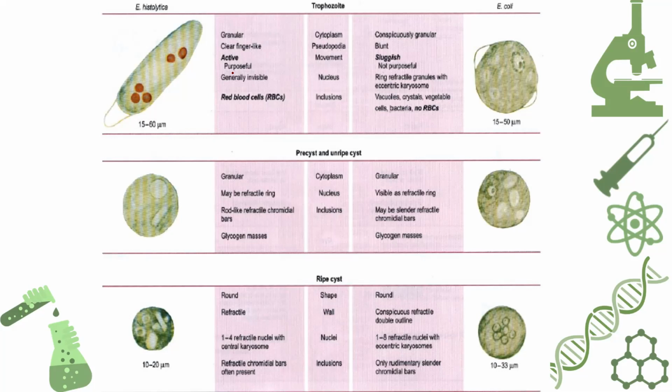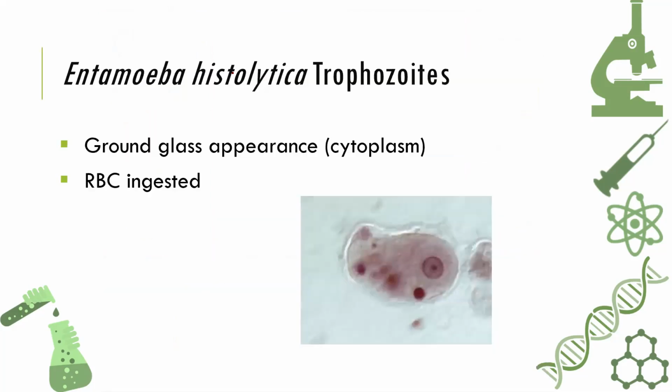Now, the pre-cystic stage or the immature cystic stage of our Entamoeba histolytica and Entamoeba coli, as well as the mature cystic stage of our Entamoeba histolytica. Now, what is important to know and to remember about Entamoeba histolytica trophozoites?